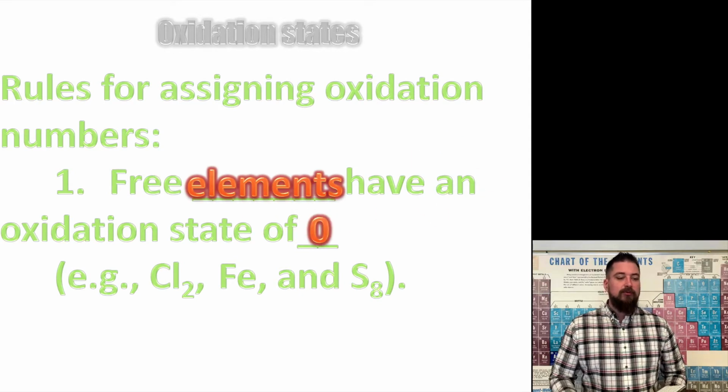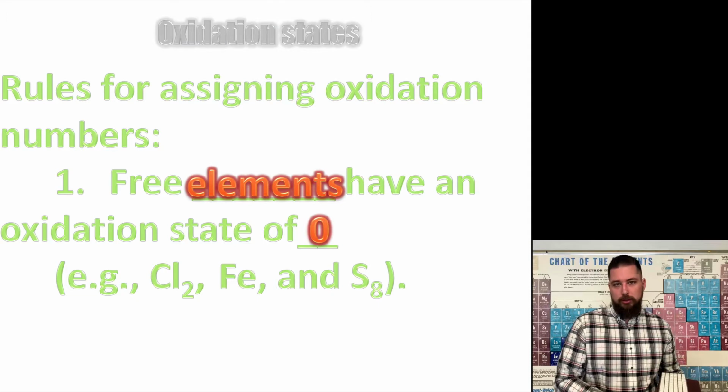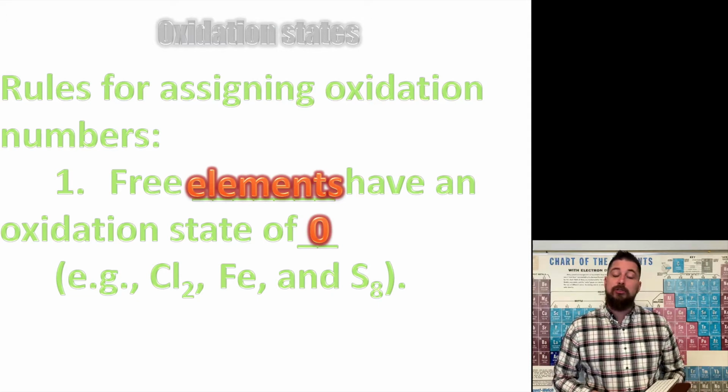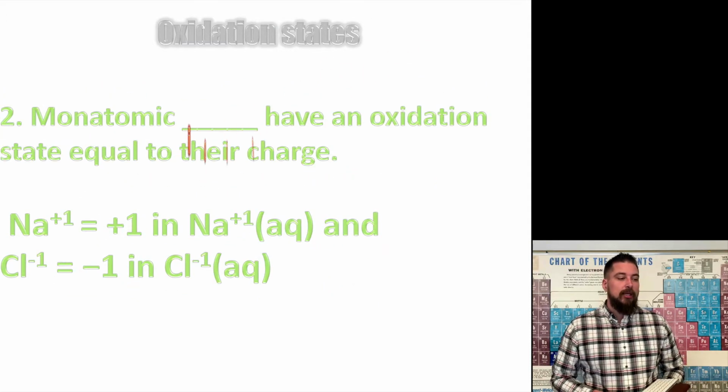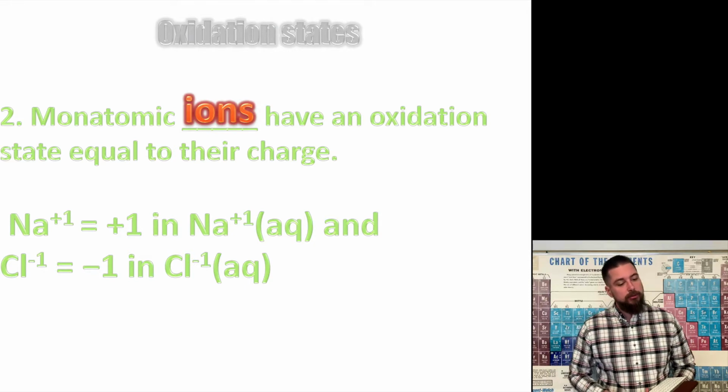So, free elements have an oxidation state of 0. For example, Cl2, or just iron, or S8. If there's no charge associated with them, we say that they have an oxidation state of 0. Now, a monatomic ion will have an oxidation number, or oxidation state, that is equal to its charge.